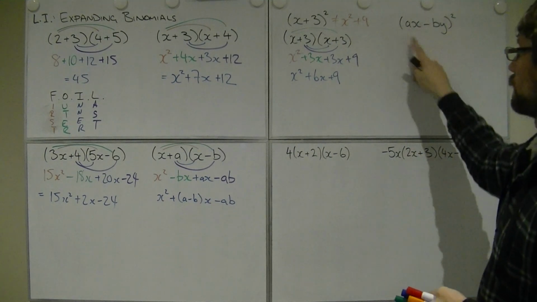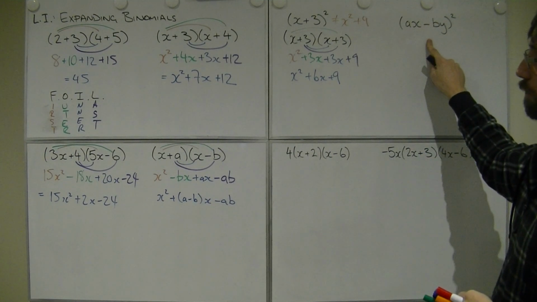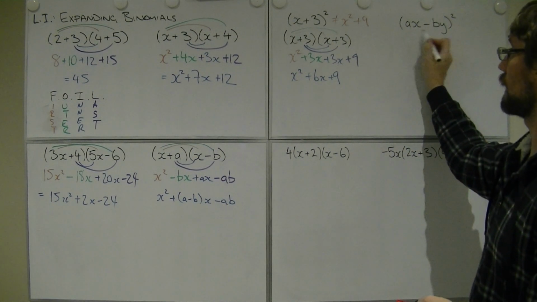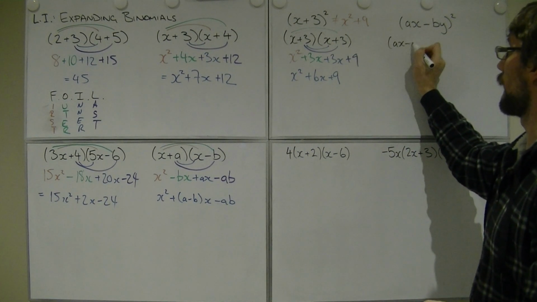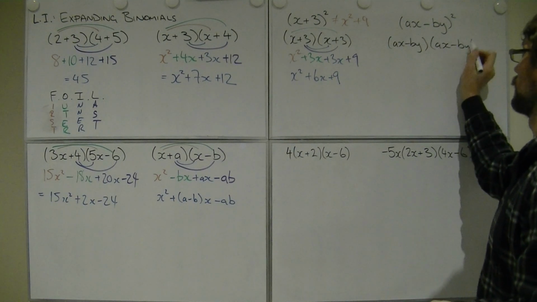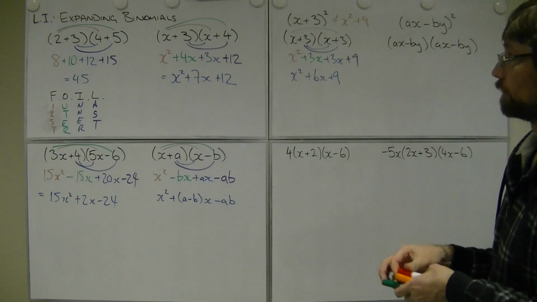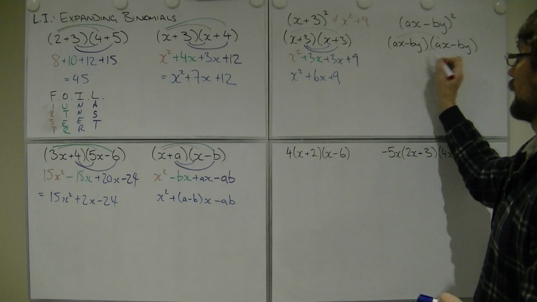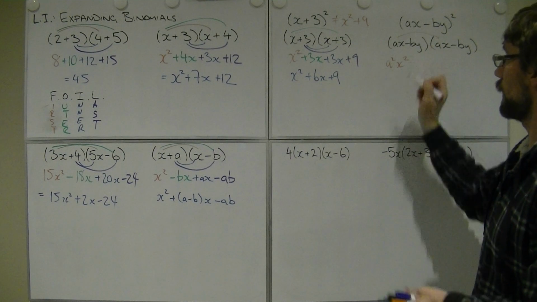Same thing, whenever you have some bracketed term squared, highly recommend, particularly when things aren't so trivial, that you write out exactly what you're doing. I'm doing this multiplied by itself. Cool. Rainbow time. Ax by ax, that's a squared x squared.